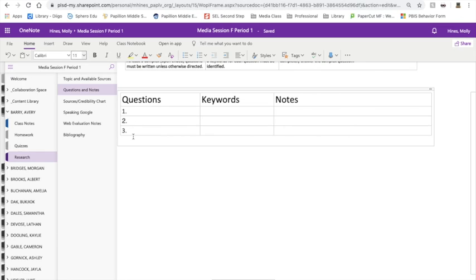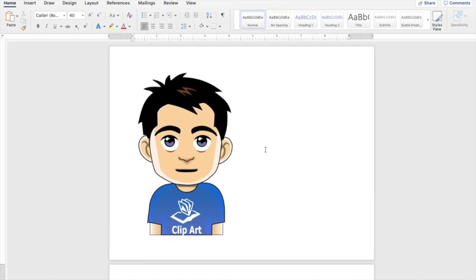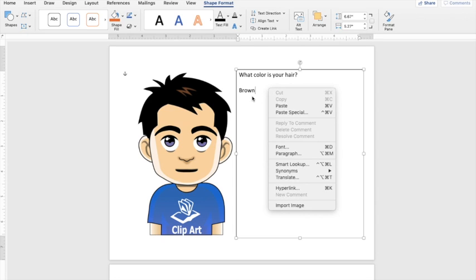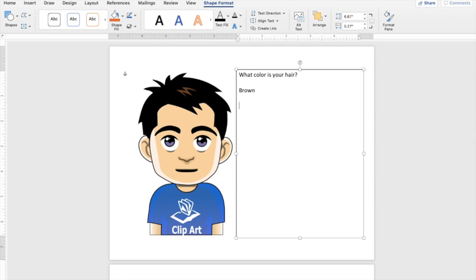Now, let's talk about what that means. I'm going to give you an example. Here you see a picture of a boy, and I can ask this boy a lot of questions. Now I know it's a picture, so he can't respond. But if I say, "What color is your hair?" the answer would be brown, and then I could say, "What color are your eyes?" and the answer would be violet.